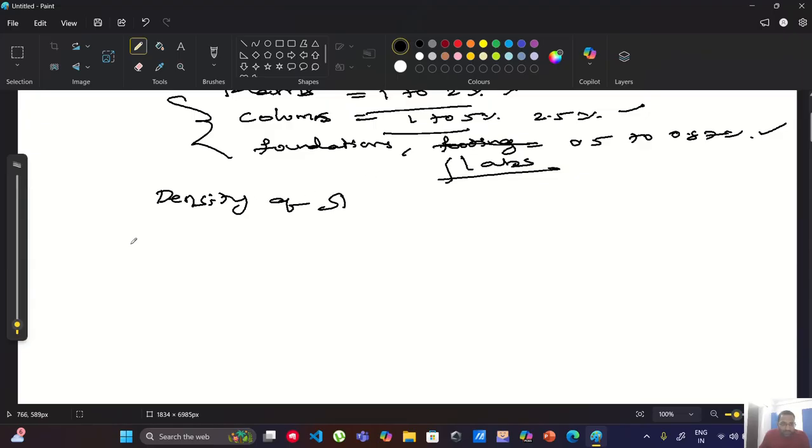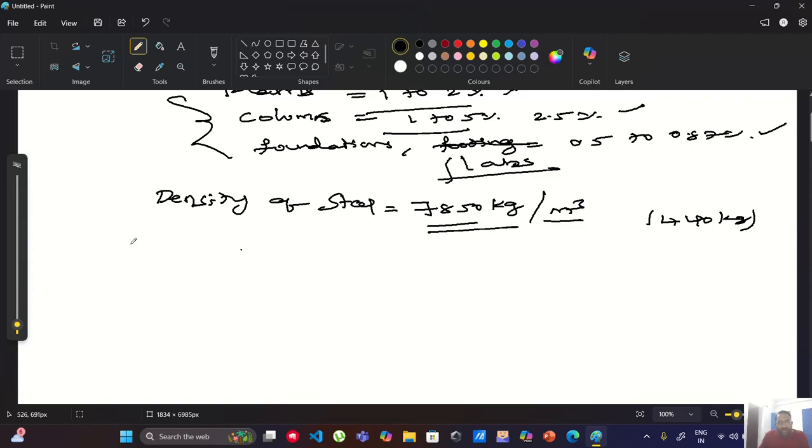The density of steel is 7850 kg per cubic meter. This is the standard. We already defined that per 1 cubic meter the cement is 1440 kgs. Like that, for steel also, per 1 cubic meter it is 7850 kg.